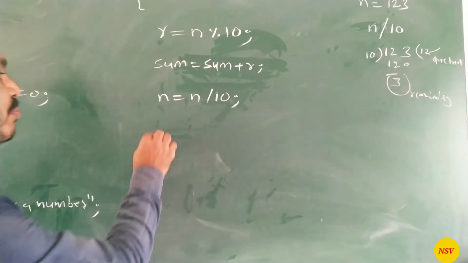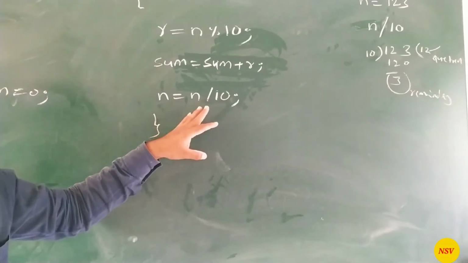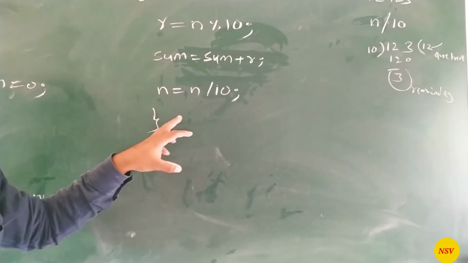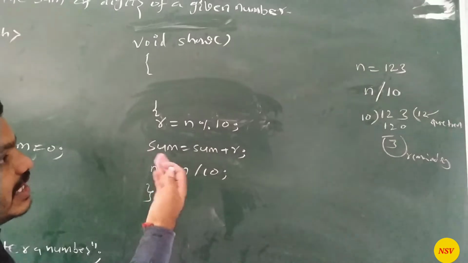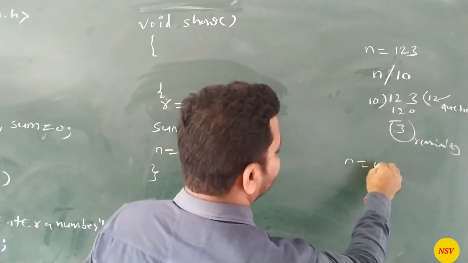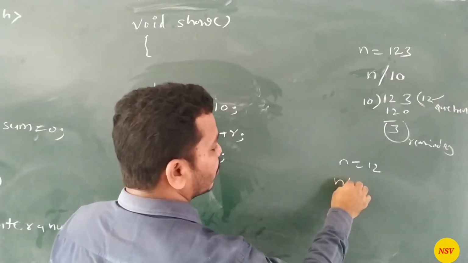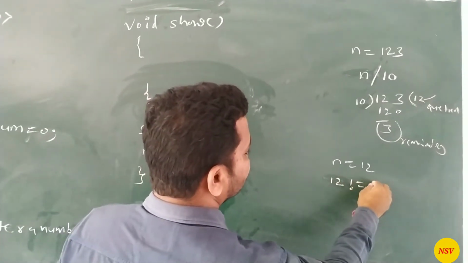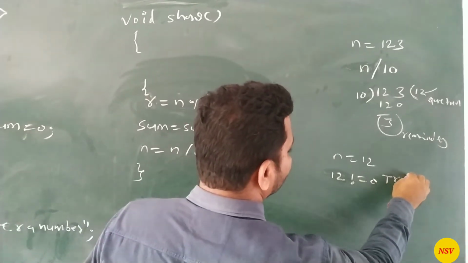Here we repeat these steps, so that's why we need a looping control structure. Repeat these steps: next n value is 12. Again apply the modulus operator, because 12 is not equal to 0, the condition is true.